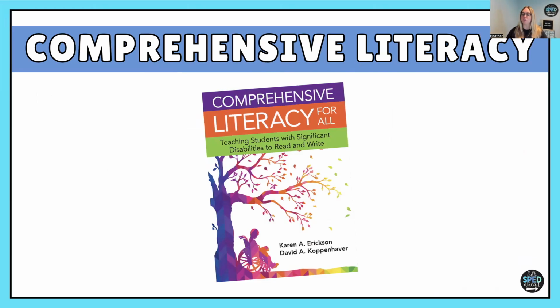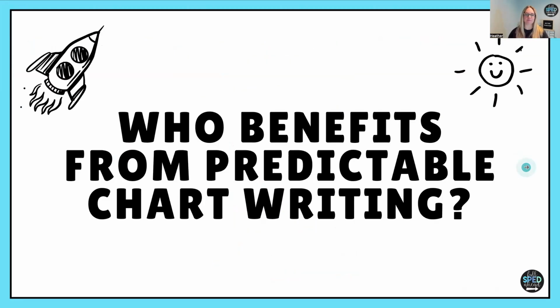There are tons of tools, and predictable chart writing is only one of those strategies in this book. So if you haven't read it, get your hands on it, ask a friend to borrow it, or grab it on Amazon, whatever you need to do. I read it probably once a year or once every other year just to remind myself of the basic things our students could get to learn and know, and I'm always learning something new that I missed the last time.